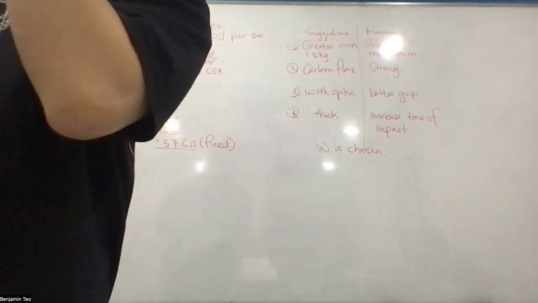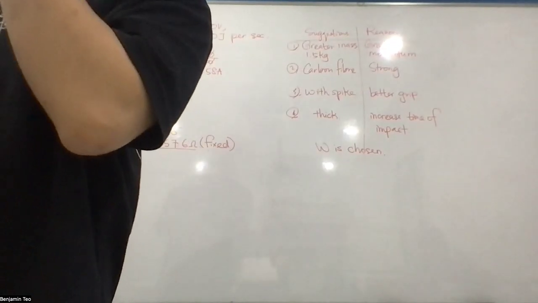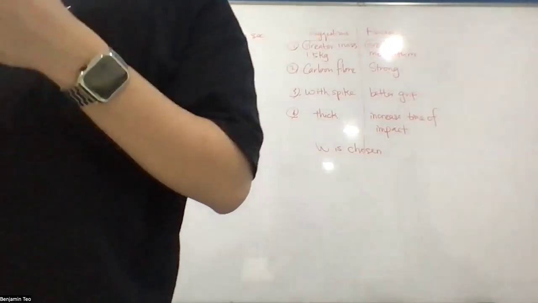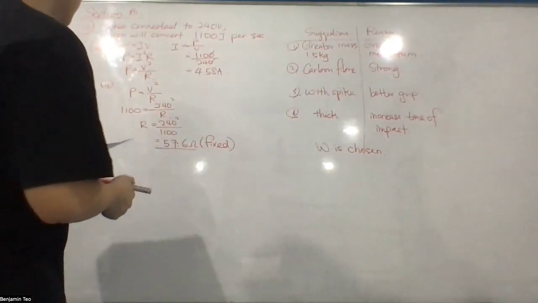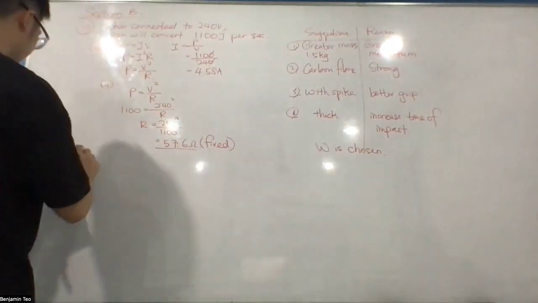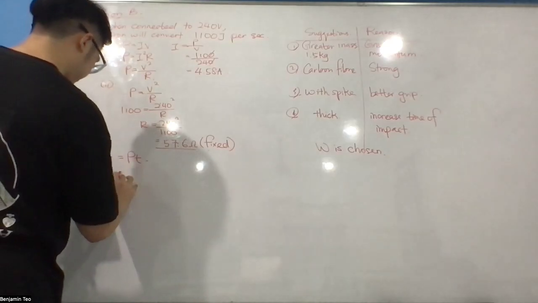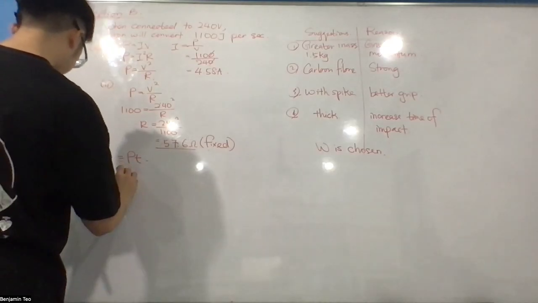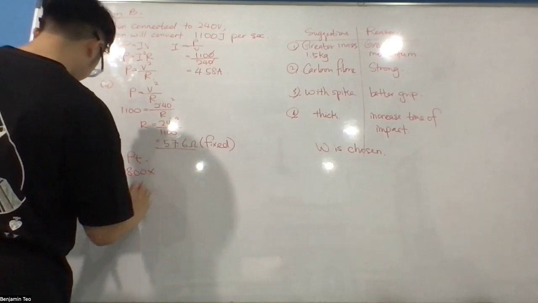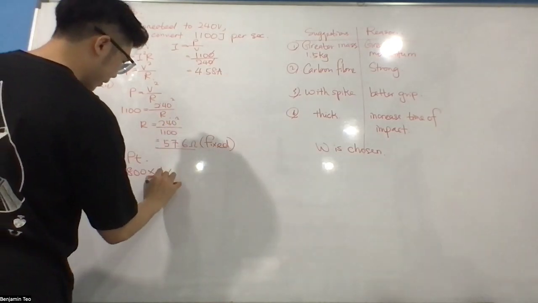Then you have to calculate first what is the energy produced for each one. Use E equals power times time. One hour, you have to change to seconds.